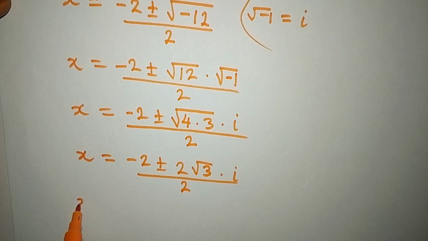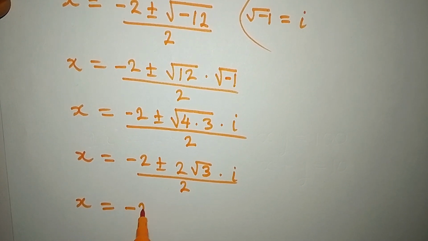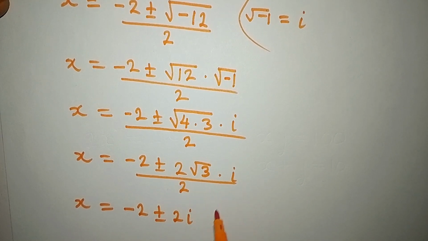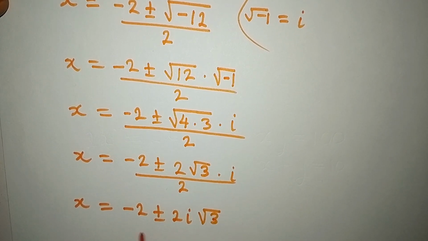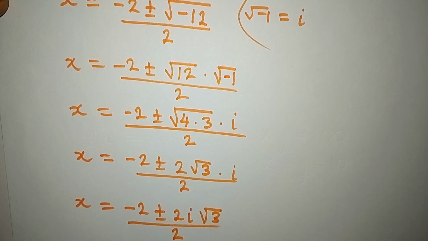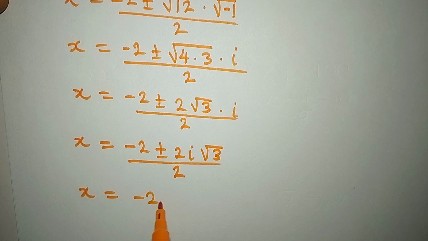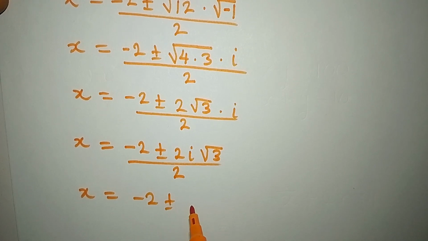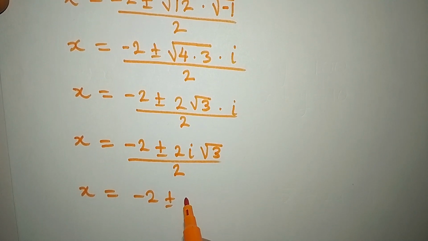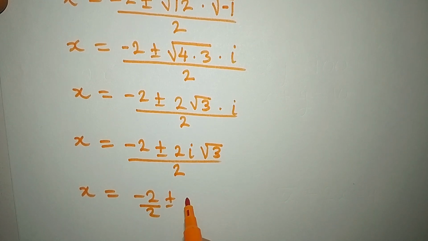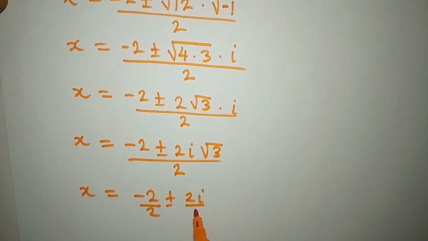Now x is equal to minus 2 plus or minus 2i, we multiply 2 by i, then we have root 3. This is over 2. Now from here, our x is equal to minus 2 over 2 plus or minus 2i over 2, then we have root 3.